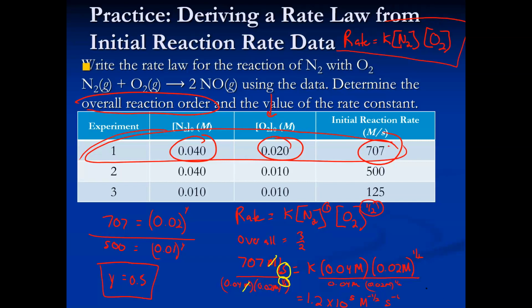Or that is the same thing as 1 over m to the 1/2 s, right? Or some people like it better like this, right? This is the same as that. All right, any questions on this?